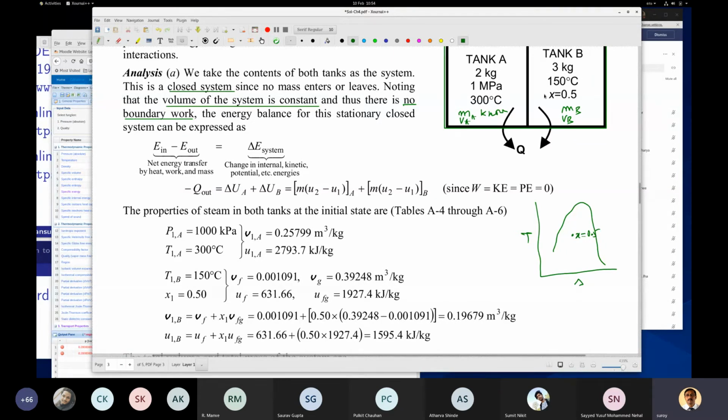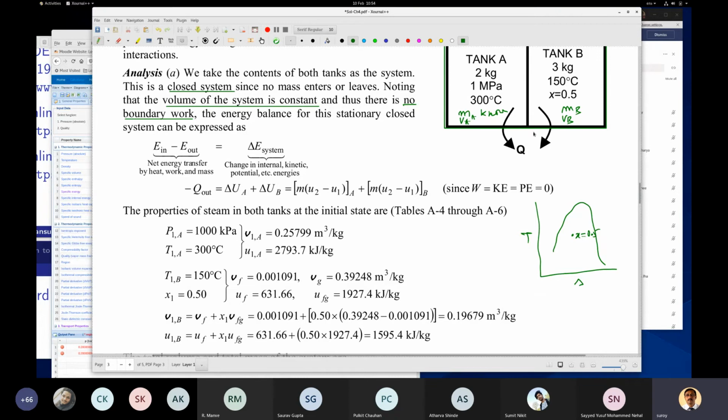After it gets mixed, you know the total mass and the specific volume. Once you know the mass and the specific volume, the specific volume becomes known to you.